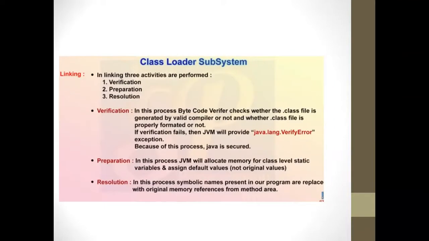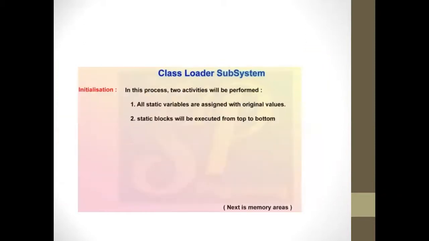The second is the linking part, where we verify, prepare the memory required, and resolve if there is any type of conflict. The last part is the initialization part, in which two activities are performed: all static variables are assigned their original values, and static blocks are executed from top to bottom. This is the main task of initialization.